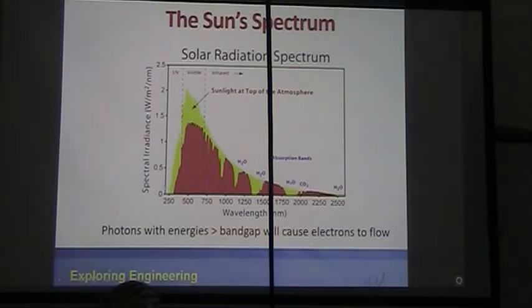Okay, so you can see here in the UV or ultraviolet, we've got a certain amount going on. But here in the visible band, oh my God, we got a lot of light energy coming in.